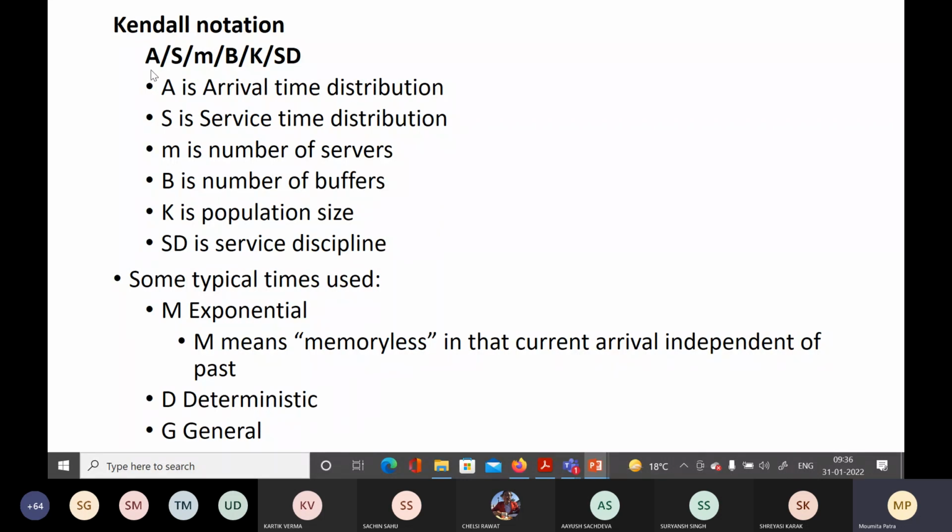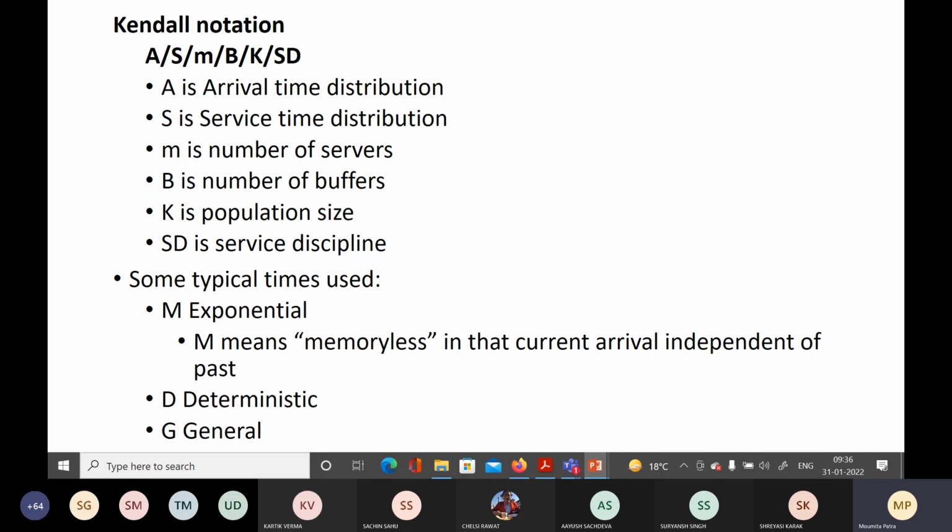Let's talk about the first value here, that is A. A will represent the arrival time distribution into the queuing system. Then S will determine the service time distribution. M determines the number of servers in this queuing system.